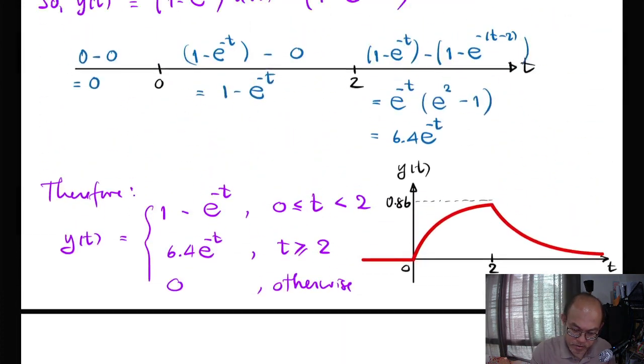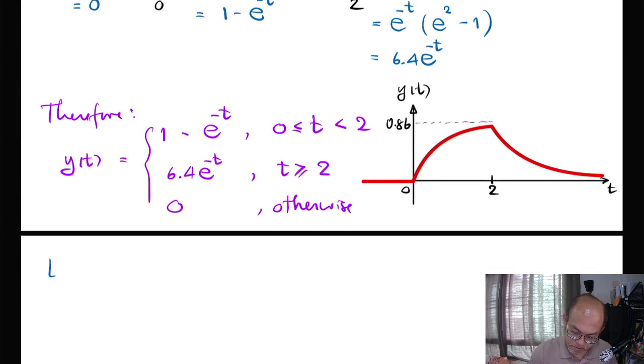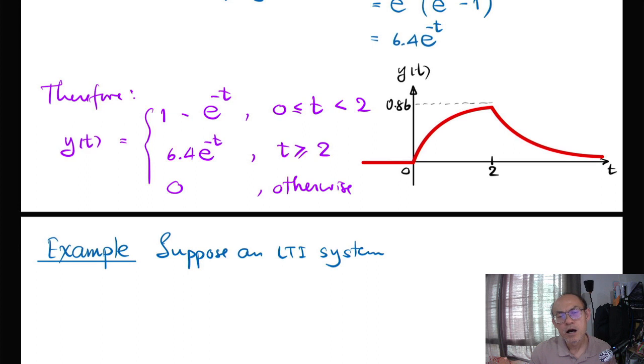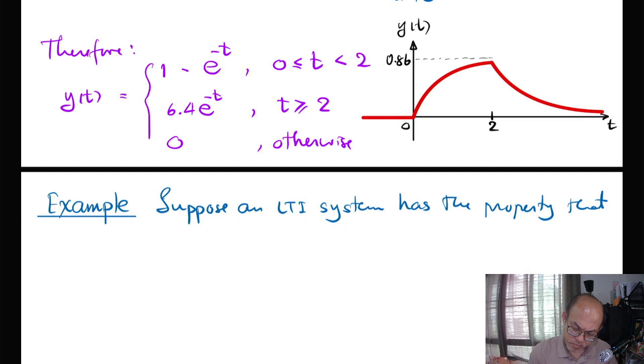Now let's do another example. Suppose an LTI system has the property that if the input is u, the output is e to the minus 2t u of t.